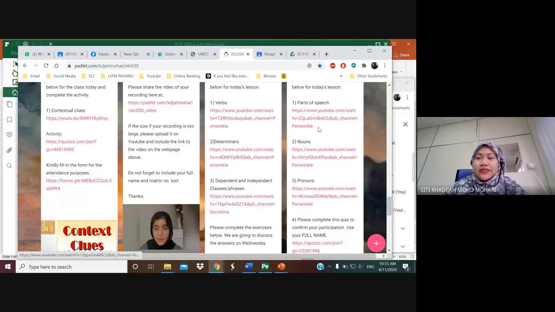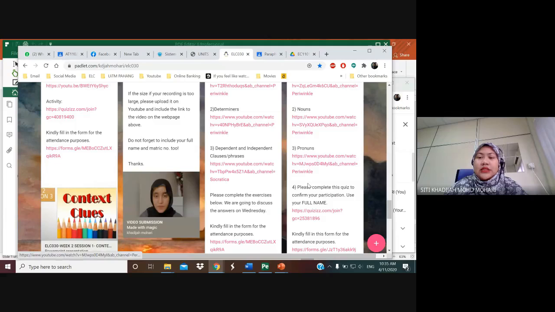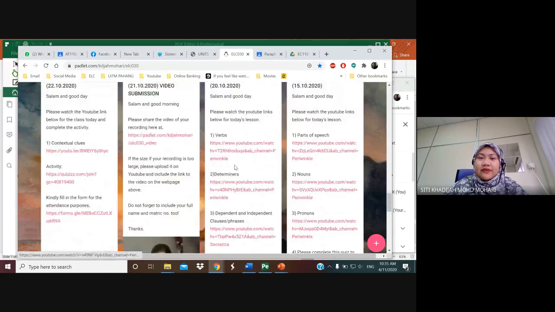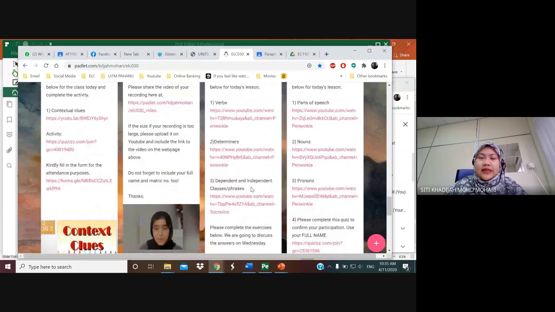So nouns, pronouns, and then we have covered verbs, determiners, and then dependent and independent clauses.